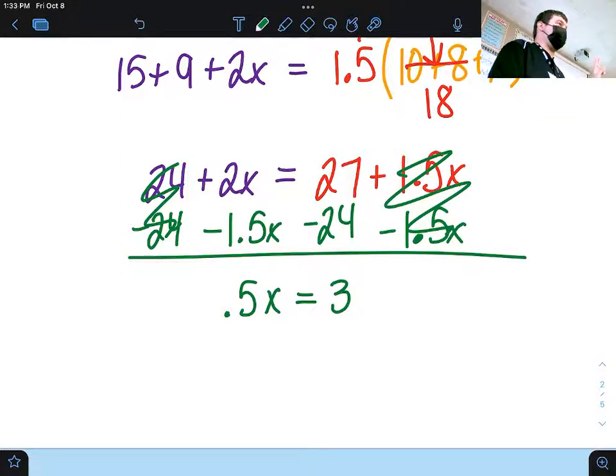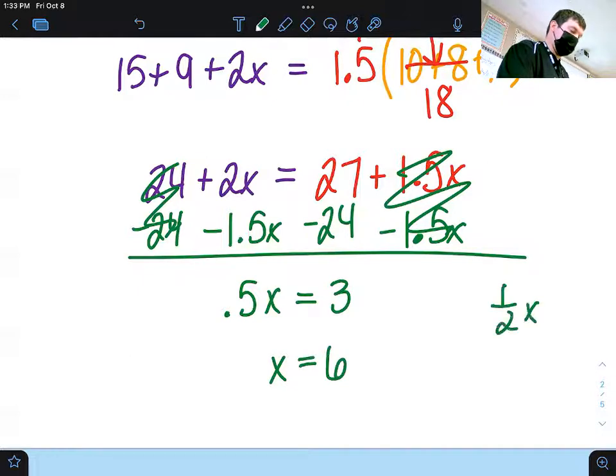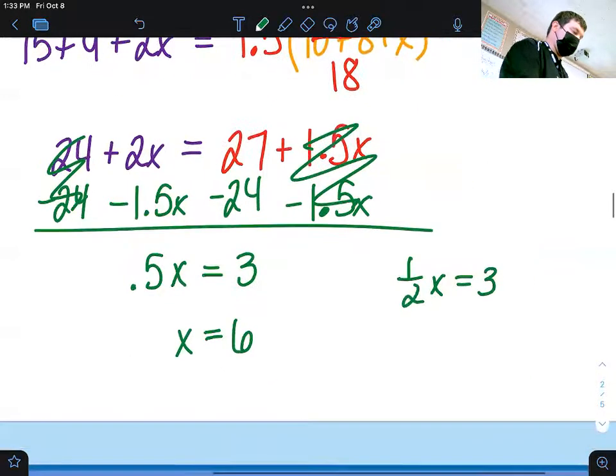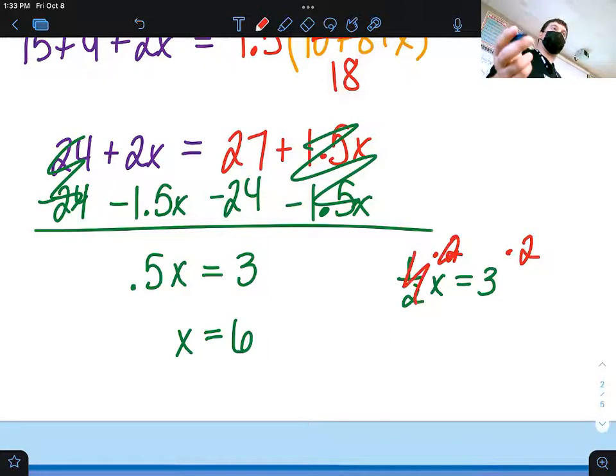So how many times is a half going to go into 3? 3 times that number, so 6 times. So x is going to equal 6. Another way to think about it: isn't the opposite of timesing by 1/2 dividing by 1/2 or multiplying by its reciprocal? And you get 6 that way too. So there are a couple of different ways you could get your 6, or you could let your calculator do it.